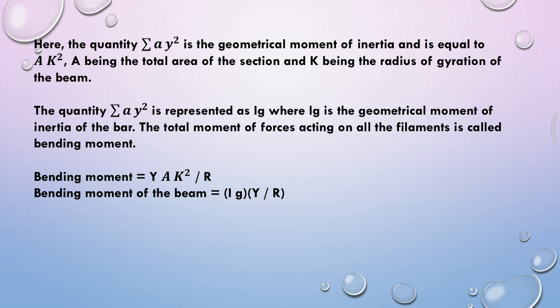The quantity sigma a y square is represented as Ig. Ig is the geometrical moment of inertia of the bar.